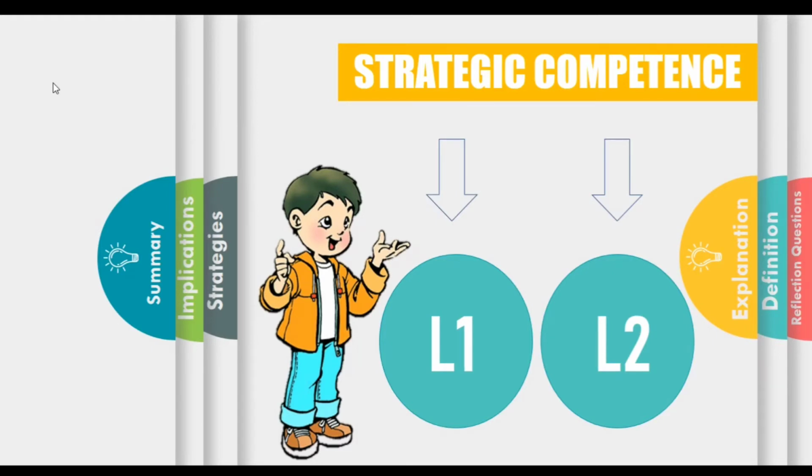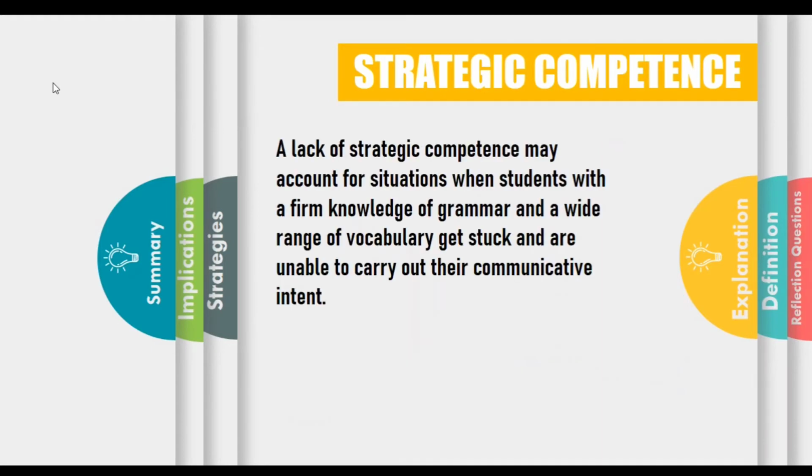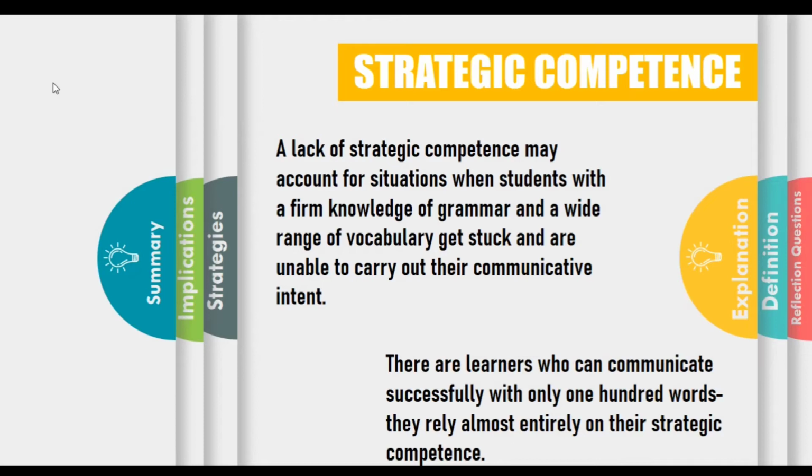However, since strategic competence involves strategies to be used when communication is difficult, it is of crucial importance for foreign language learners. A lack of strategic competence may account for situations when students with a firm knowledge of grammar and a wide range of vocabulary get stuck and are unable to carry out their communicative intent. On the other hand, there are learners who can communicate successfully with only 100 words as they rely almost entirely on their strategic competence.